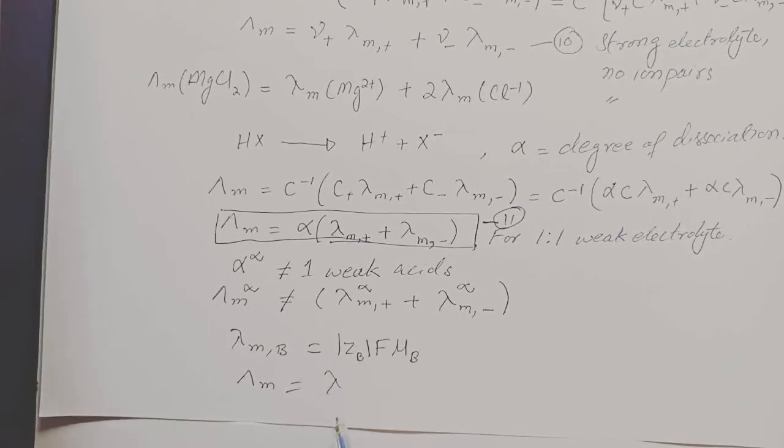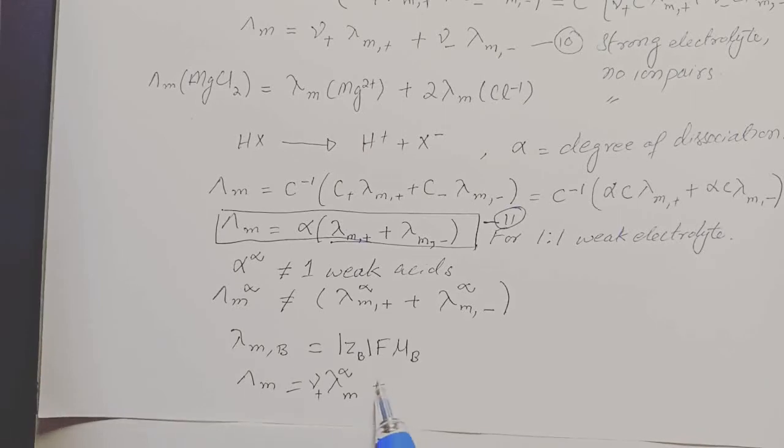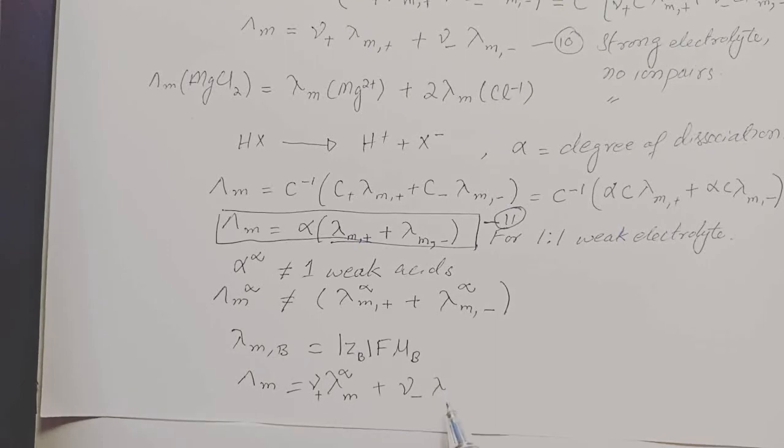So here we have V valent cationic and B minus valent anionic species at infinite dilution.